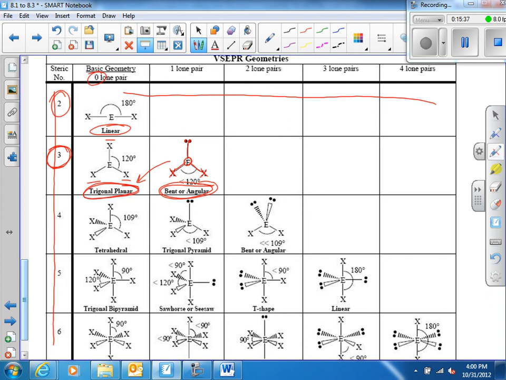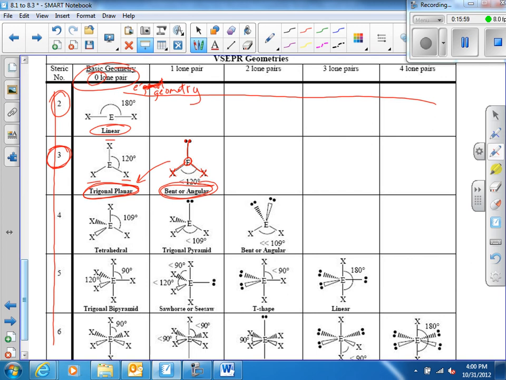In fact, this first column with no lone pairs, that's always our electron geometry. And the rest would be our molecule geometry, if we do have lone pairs.